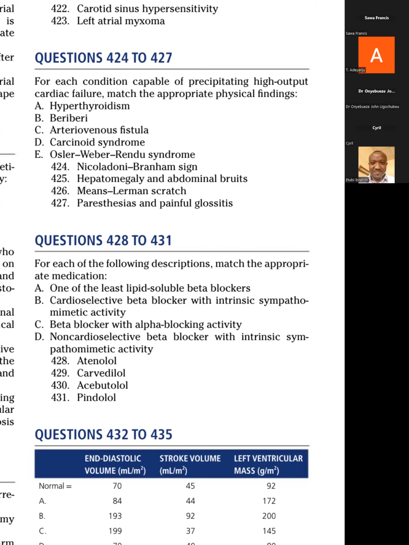Now, 426 is Means-Lerman scratch. When I was reading this up, I discovered that it has to do with hyperthyroidism. Hyperthyroidism, in addition to all the neurologic manifestations that we see in young patients, with diaphoresis, nervousness, heat intolerance, fatigue, the cardiovascular manifestations would also include a mid-systolic murmur along the left sternal border. Of course, that has to do with the increased flow.